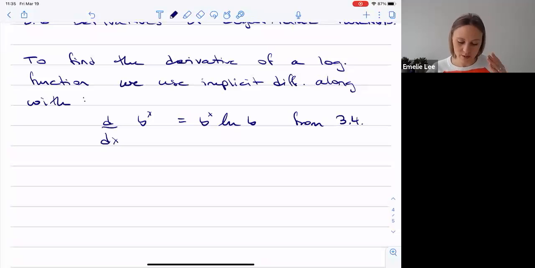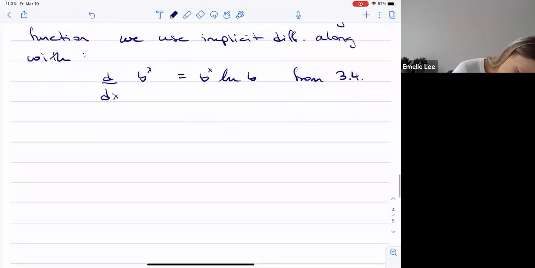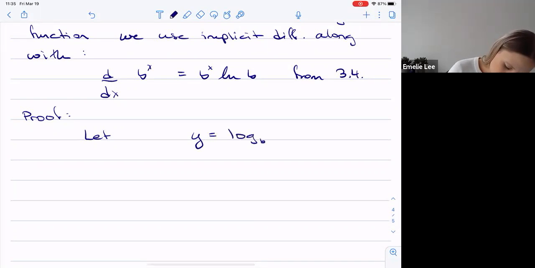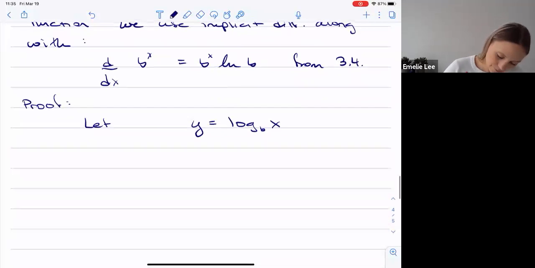So we're going to use this derivative to develop the derivative of a log. So let's see here. Here's the proof. First, we're going to let y be the log base b of x, right? Just allowing for any log base.